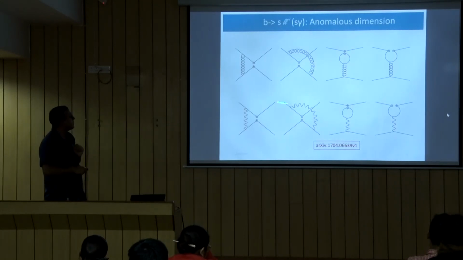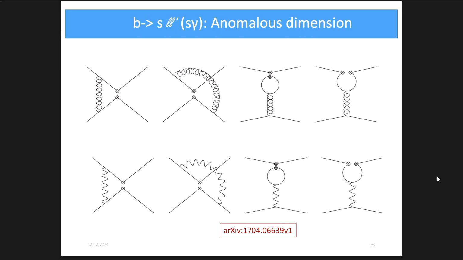And then for the anomalous dimension matrix, if you want to calculate it, you need to calculate all these diagrams. Okay. And you will have a set of anomalous dimension matrices. Look at this reference if you are interested to check it. They have calculated explicitly all these contributions. So, these are corrections to the 4 fermion vertices.